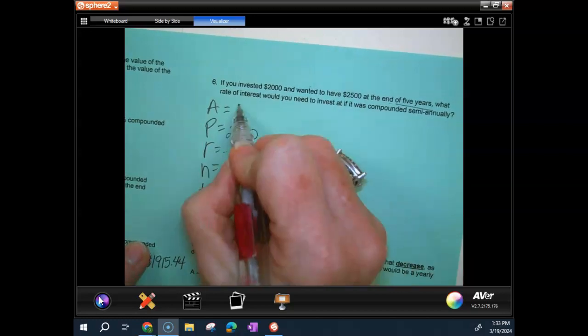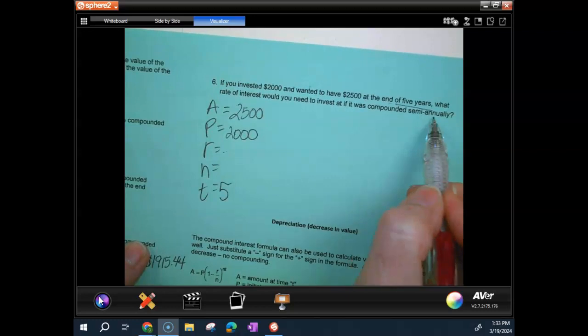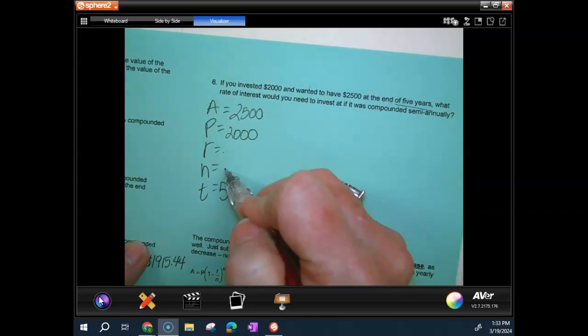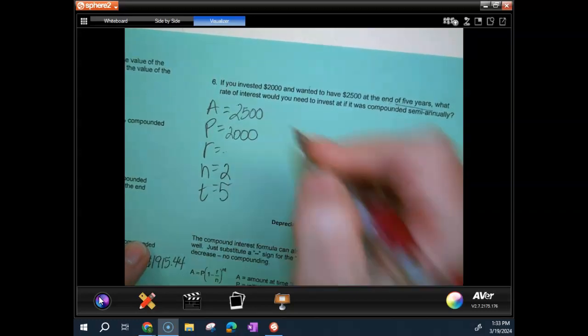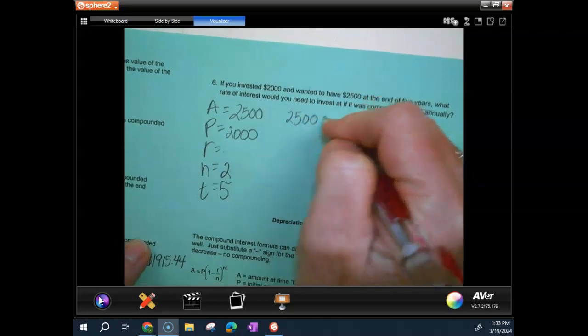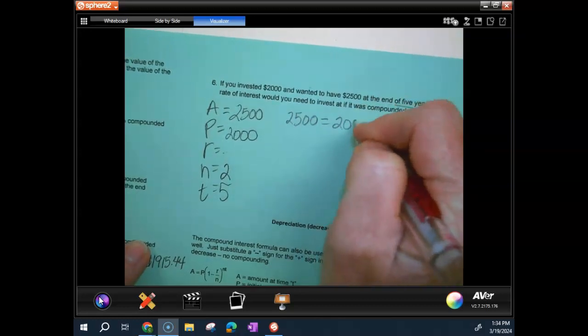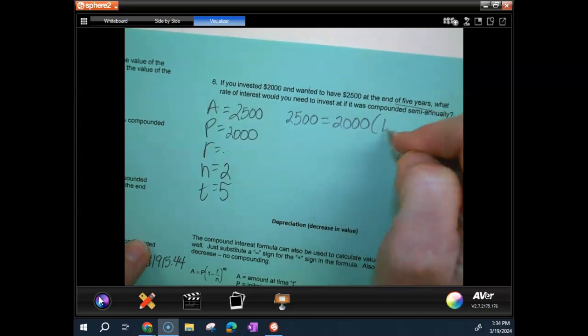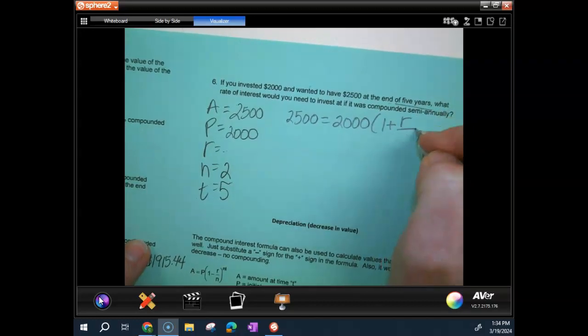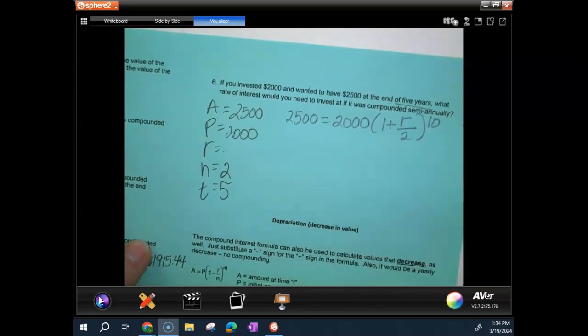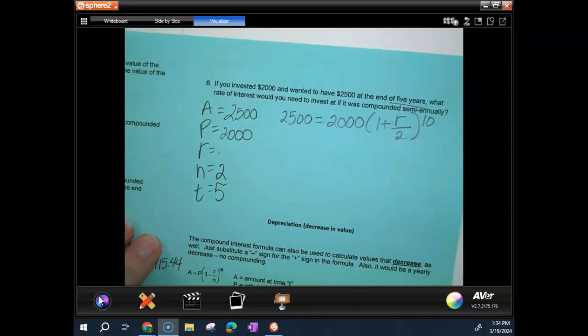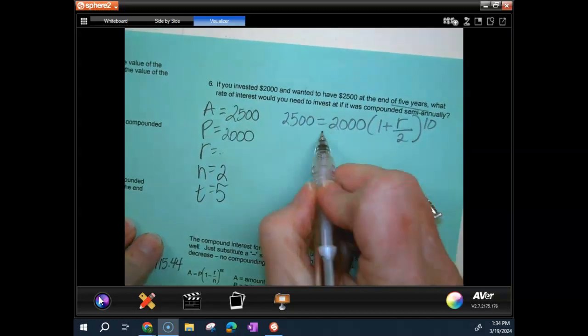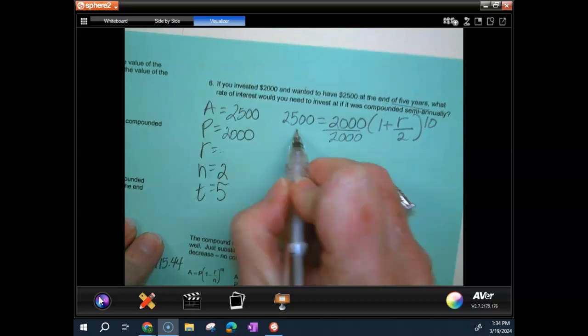I want $2,500 at the end, and I'm compounding semi-annually. So my N is 2. So the first thing we're going to do is divide by 2,000.